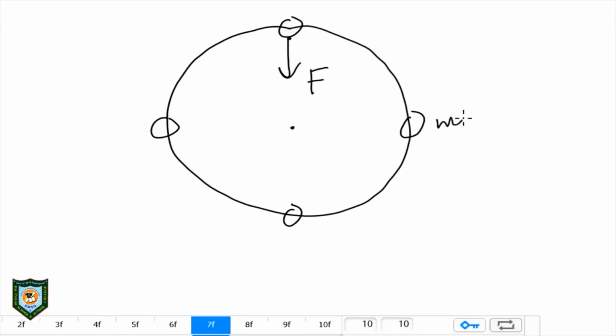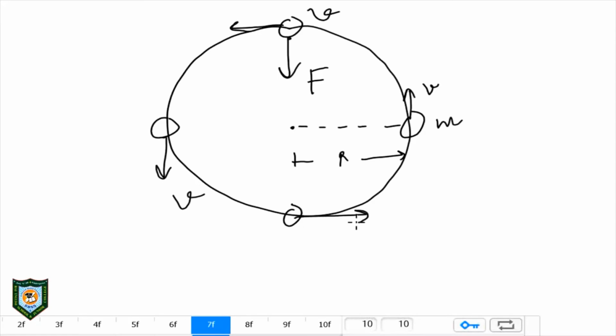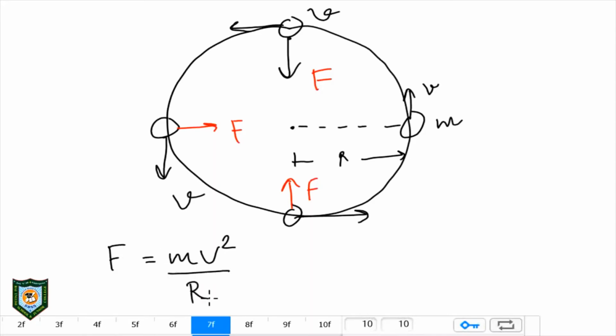So this value is m, this distance is r, and the velocity with which it is moving is v. Therefore, this force acting at the center, I'll represent this with red, is represented by F = mv²/r.